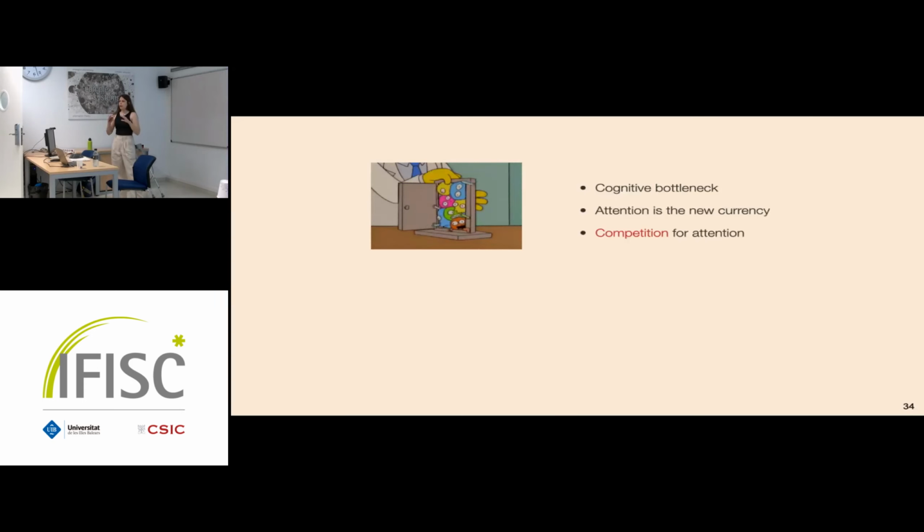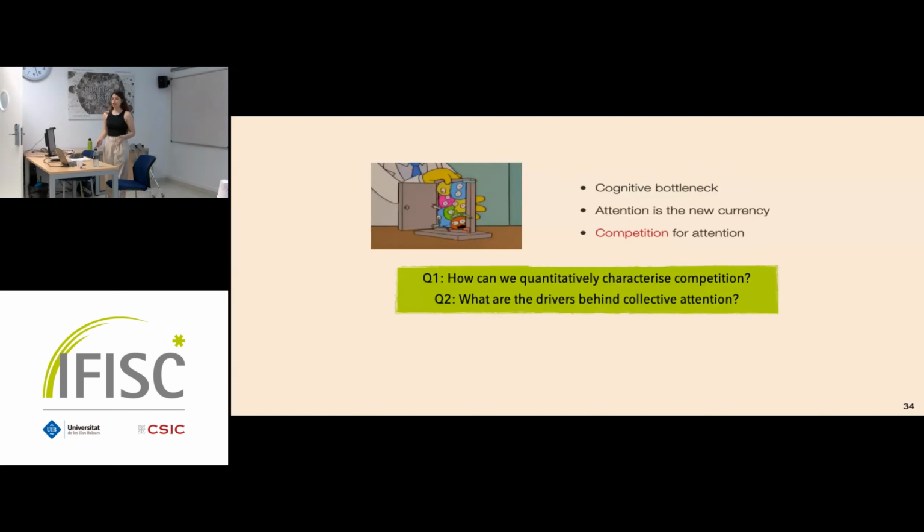The problem is that nowadays we face a kind of cognitive bottleneck, in the sense that we have a lot of influencers, brands, ads that are trying to get our time, our money, our clicks, our likes. So our attention in these online social networks is a new currency, and it has been said that there is competition for attention.